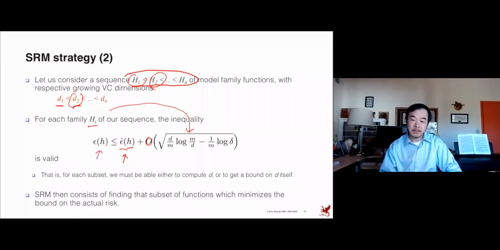Okay, and then whichever gives you the best holdout error will lead you to the best choice of the hypothesis space and also the H inside it.